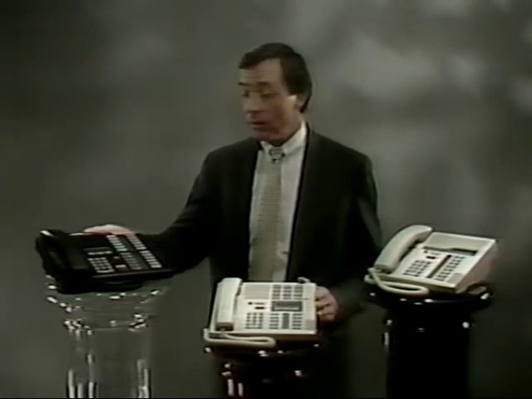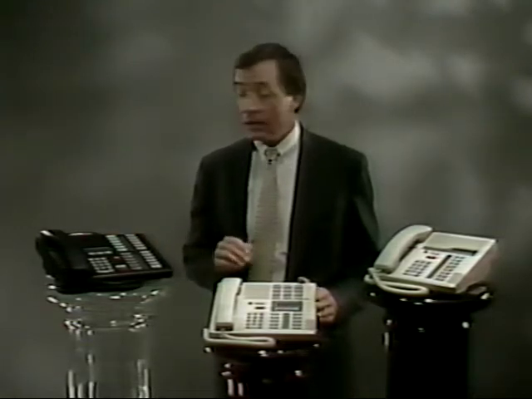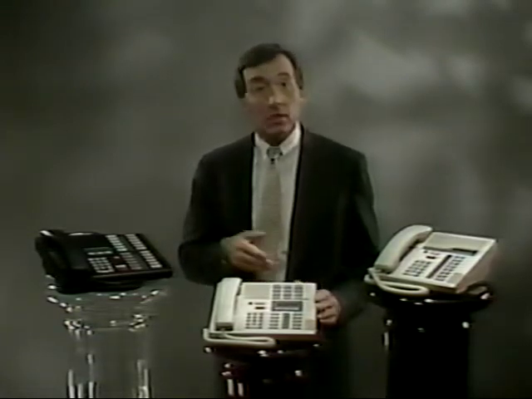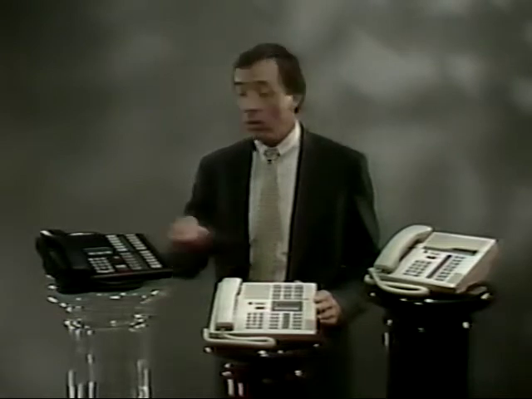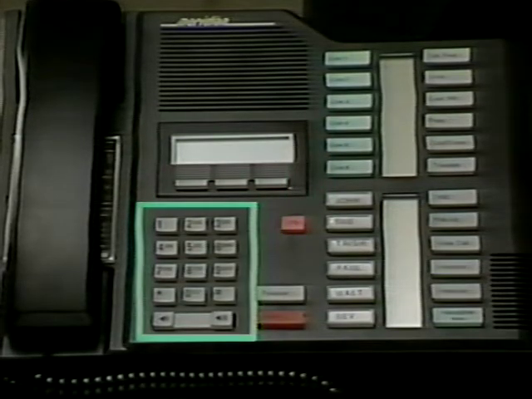The Norstar M7324, developed to take advantage of the modular system's capacity for more lines, has exactly the same components as the M7310 that we just examined, but some of these components are in slightly different locations. Your handset and feature card are in the same place, but your two-line display and soft keys are here, just to the right of the handset, with the dial pad, star, and pound buttons and volume control button just below.